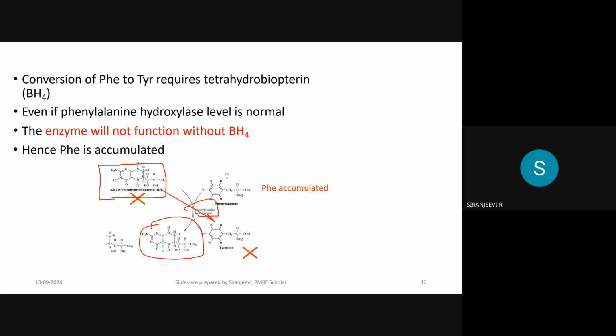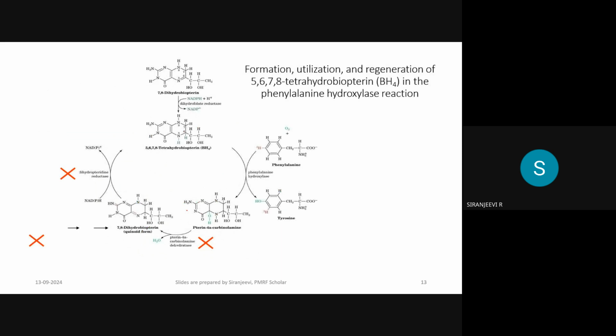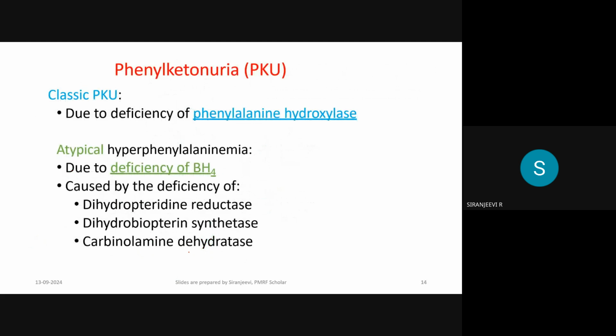So then finally the phenylalanine is accumulated. And other enzymes like this pterin 4A carbinolamine dehydratase. So if these enzymes are not there, then again the phenylketonuria will take place.